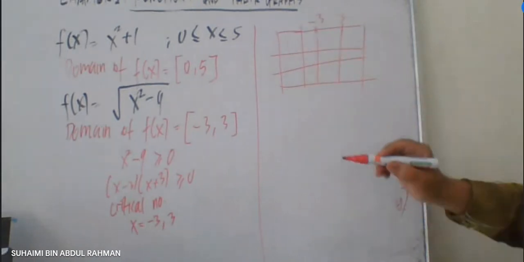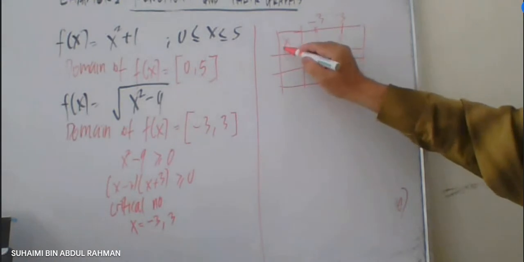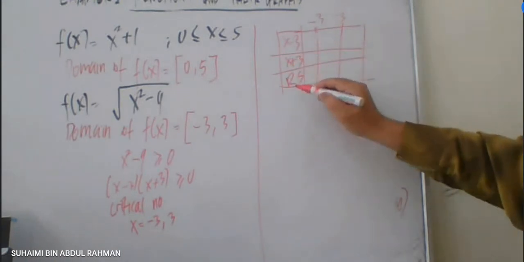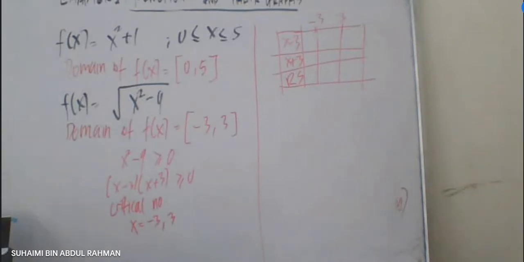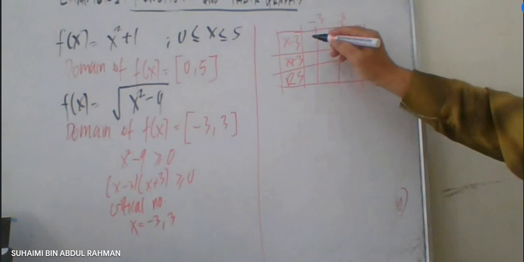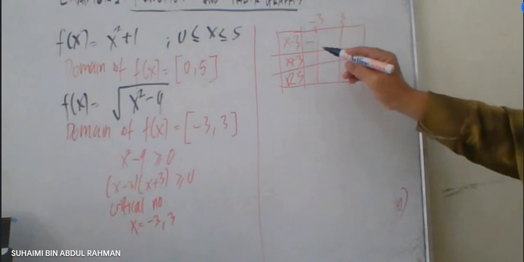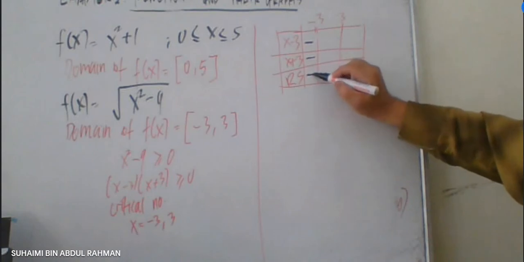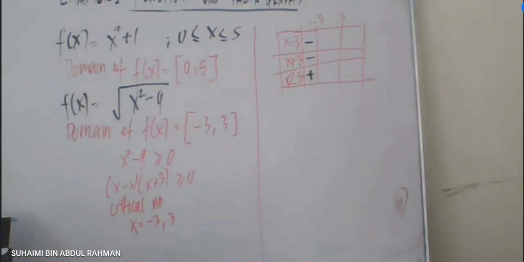This is a diagram: x minus 3, x plus 3, resulting sign. Value which is less than minus 3: minus, plus.